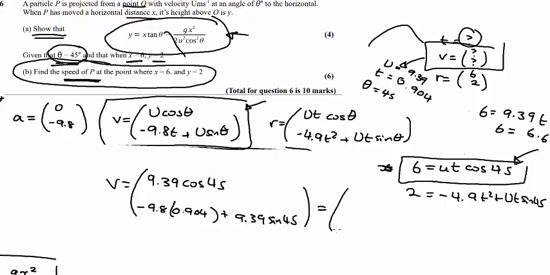Okay, calculator jobs, let's do that. 9.39 cos 45, so the top one becomes 6.64. Let's do the bottom one: minus 9.8 times 0.904 plus 9.39 sine 45. So I've got minus 2.22. Yep, so that's the velocity at this point.